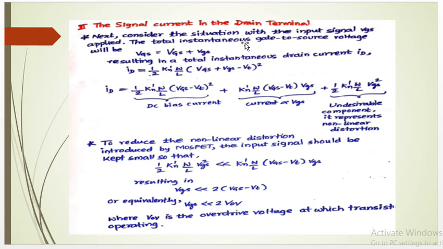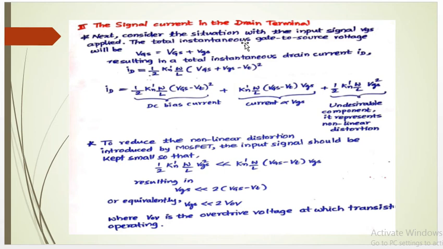The total instantaneous means at that instant. It is like taking a snapshot. At that moment, how you are standing or how you are giving a pose, based on that your picture is taken. So at that instant, what is the current? Instant means there is a DC as well as an AC component.